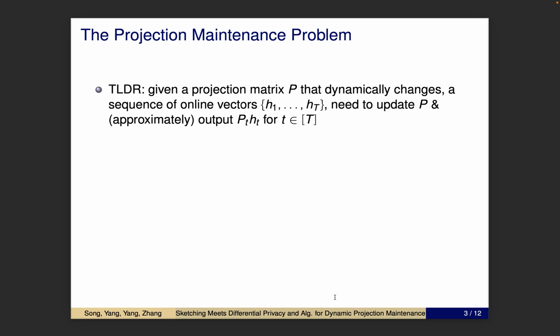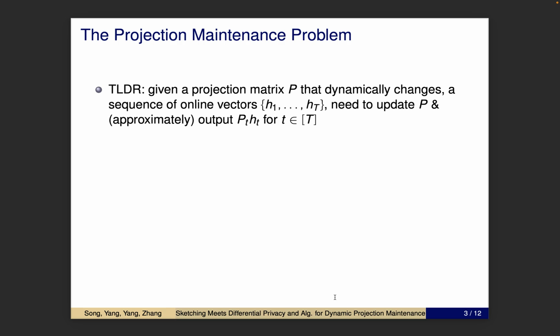Let me give you a brief preview of the problem to study here. What is the projection maintenance problem? Suppose I give you a projection matrix P, and this matrix dynamically changes for each iteration.